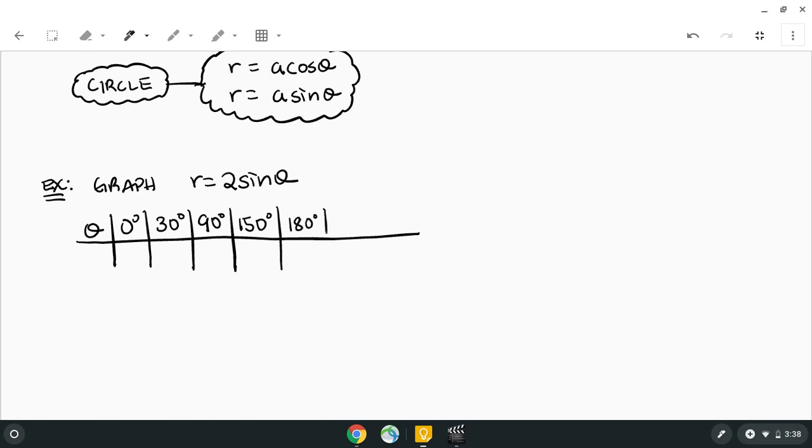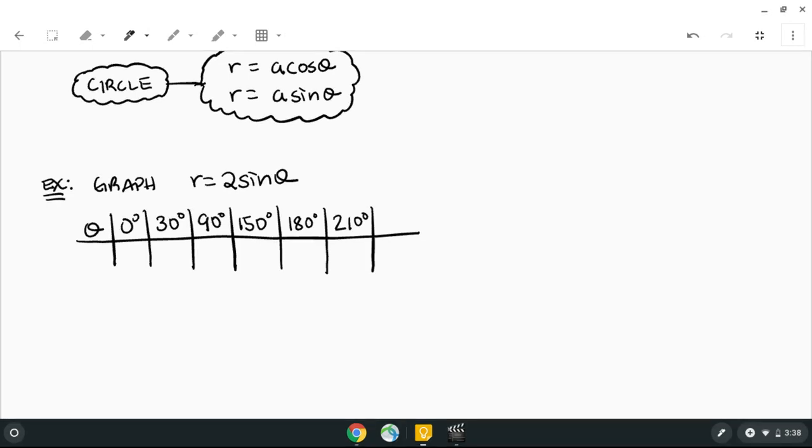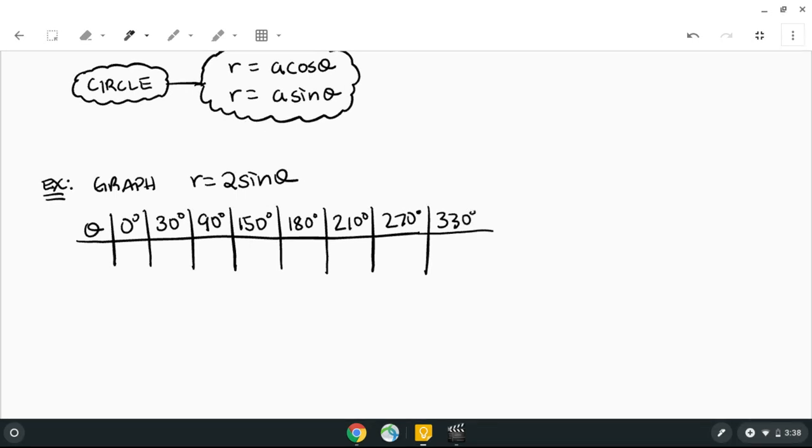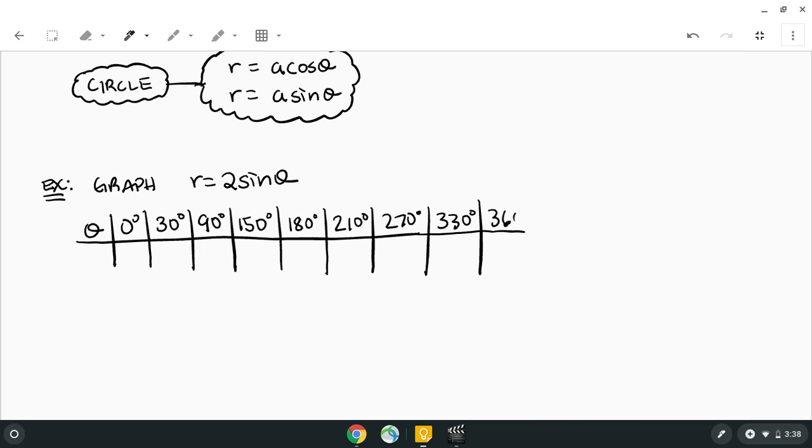Again, all the quadrantal ones and all the ones that have reference angle 30 degrees. 270 degrees, that's a quadrantal angle. 330. And then we're back to 0 degrees or 360. These are easy to do in our heads.